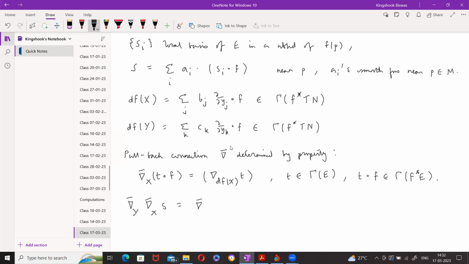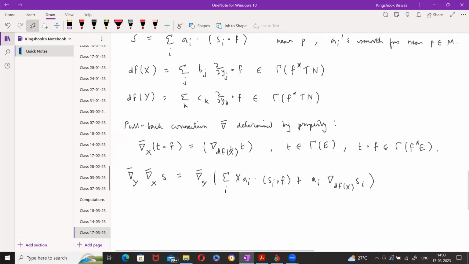First, nabla bar_X of S, by the Leibniz rule, will be the sum over i of X(a_i) times S_i composed with f, plus a_i times nabla bar_X of S_i composed with f, which by this compatibility rule is nabla_{df X} applied to S_i. Now we can apply nabla bar_Y to this.